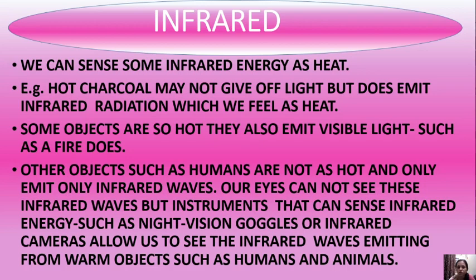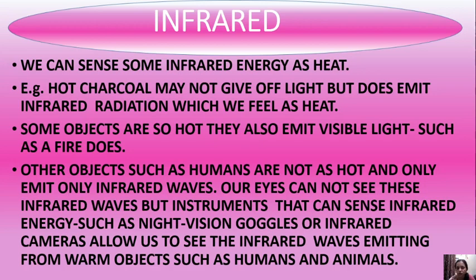Some objects are so hot, they also emit visible light such as a fire does. Other objects such as humans are not as hot and emit only infrared waves. Our eyes cannot see these infrared waves, but instruments that can sense infrared energy such as night vision goggles or infrared cameras allow us to see the infrared waves emitting from warm objects such as humans and animals.